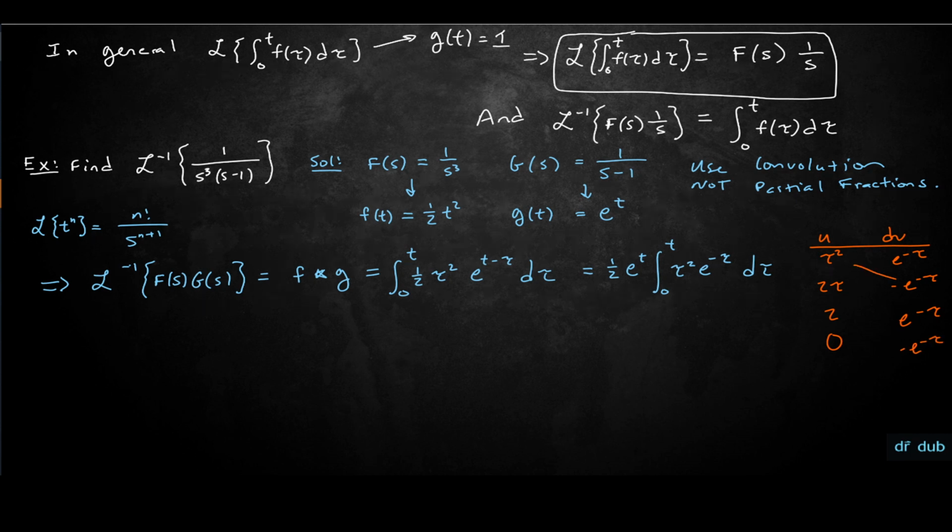And then diagonally, plus, minus, plus. So this integral becomes 1/2 e to the t, that stays the same, multiplied by negative tau squared e to the negative tau minus 2 tau e to the negative tau minus 2 e to the negative tau, from 0 to t.